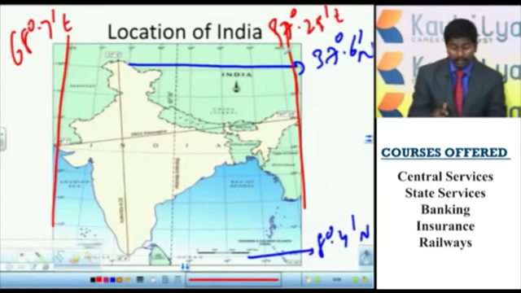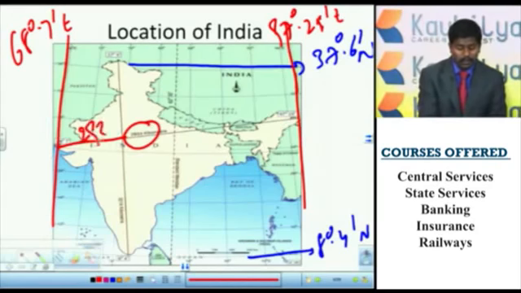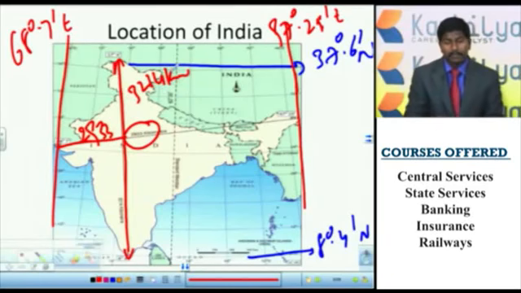Clear? Now from the westernmost point to the easternmost point, the west to east length of India is 2933 kilometers. And the north to south extension of India is 3214 kilometers. East to west is 2933, north to south is 3214 kilometers.